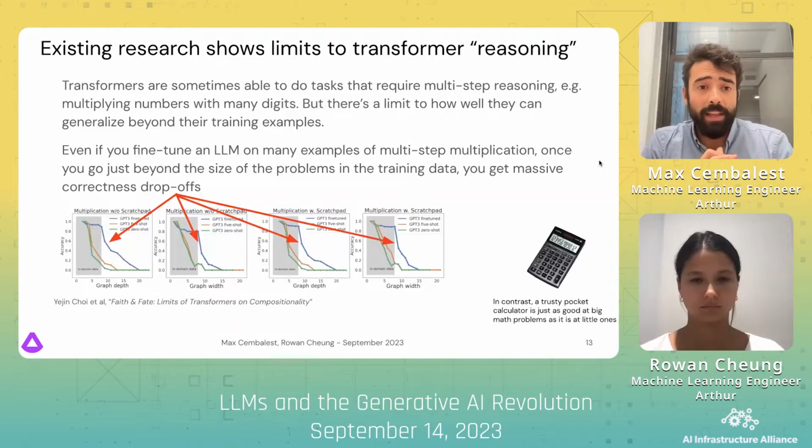There's a team from the Allen Institute that tried to push transformers to their limits at doing a set of multi-step problems, one of which was just multiplying numbers with a bunch of digits.